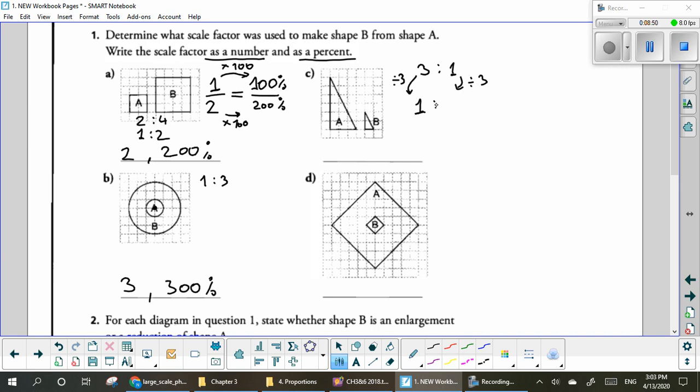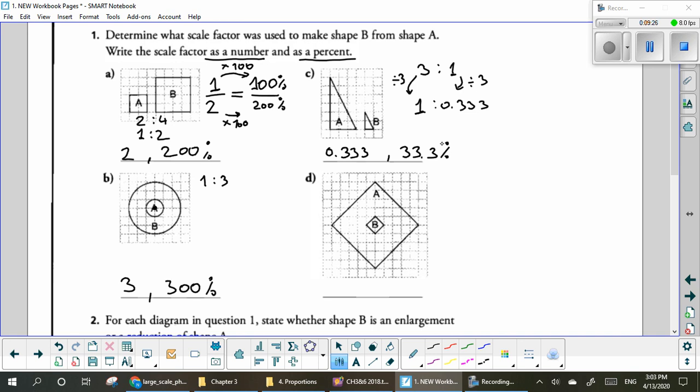If you don't have a calculator, 1 divided by 3 is 0.333, and so on. So our scale factor is 0.333, and in terms of percentages, this will just be 33.3%. I'll round it to that. There we go. So B is obviously smaller, and 33% of the original size.